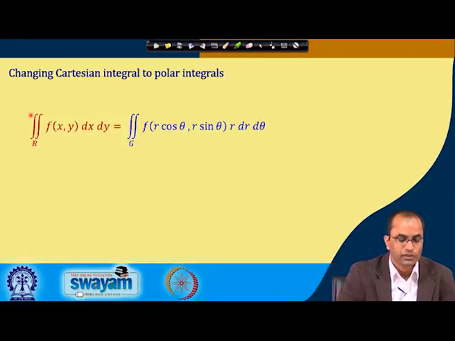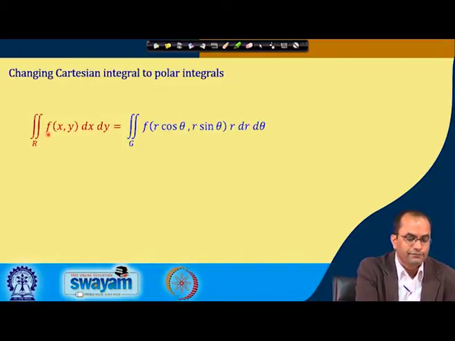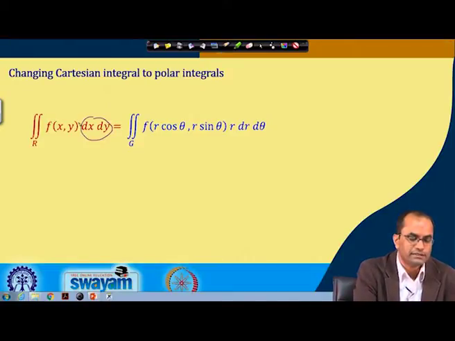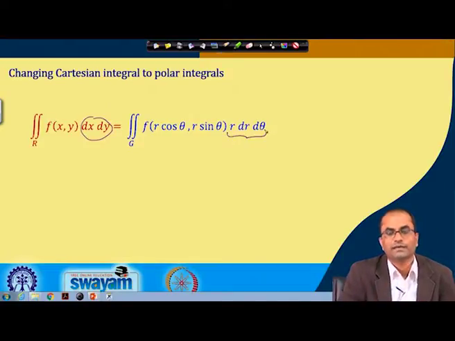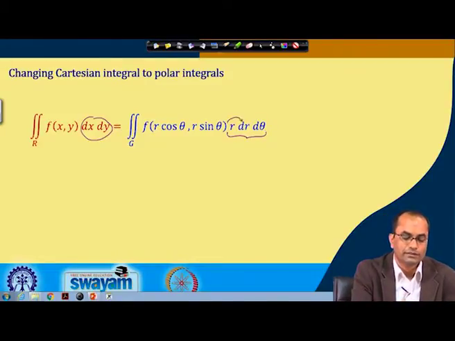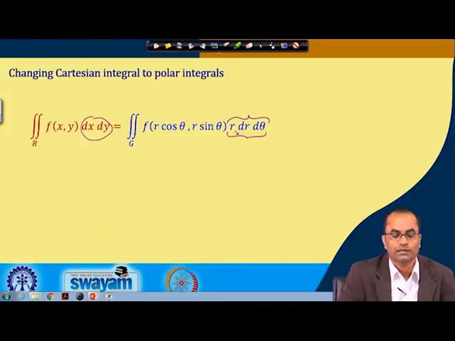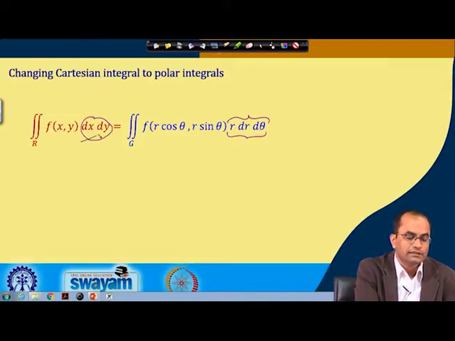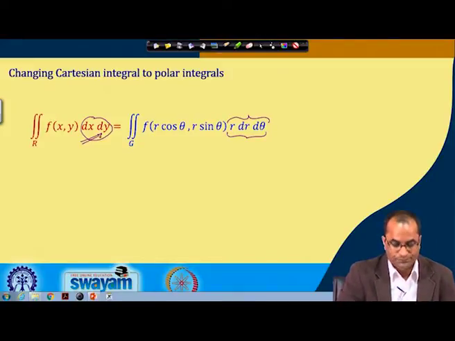So, here again f, then x will be replaced by r cos theta, y will be replaced by r sin theta, and this dx dy factor, that is important, will be replaced by r dr d theta, because the area of the small region which we have just seen, in the case of polar coordinates comes to be r dr d theta, while in the case of Cartesian it was dx dy.